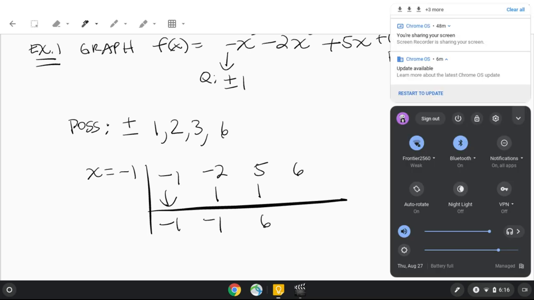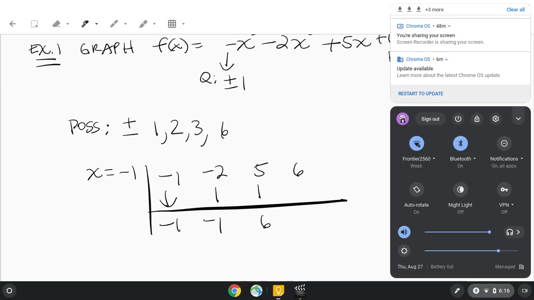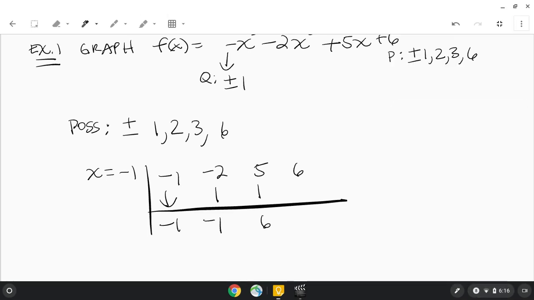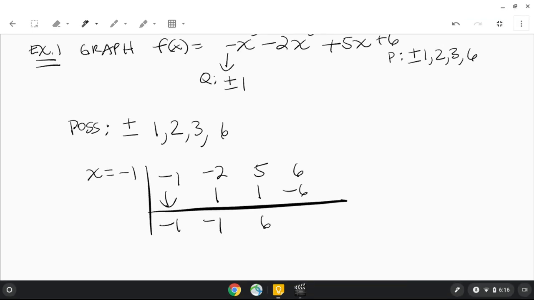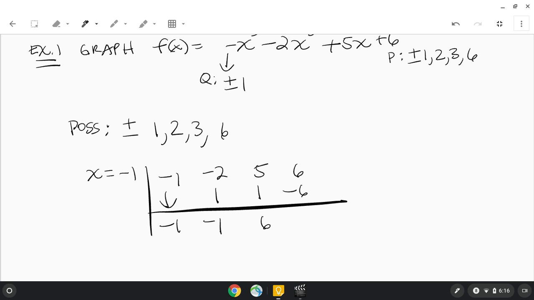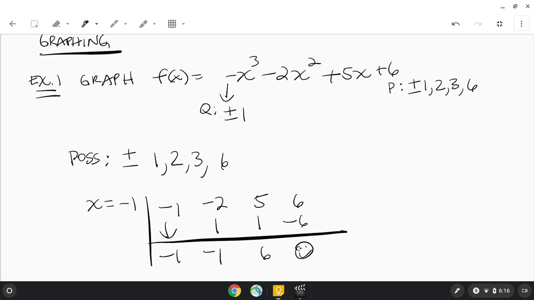Oh, look at that, a 0. Okay, so we get a 0. That was a degree 3, so yes, it is.